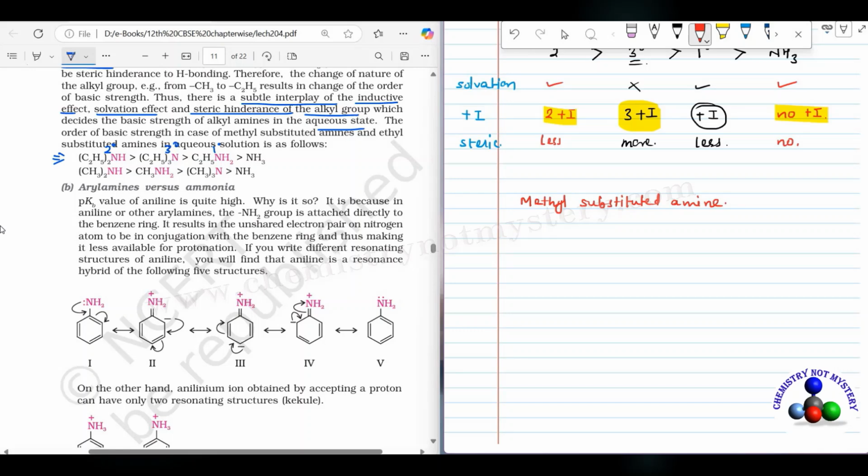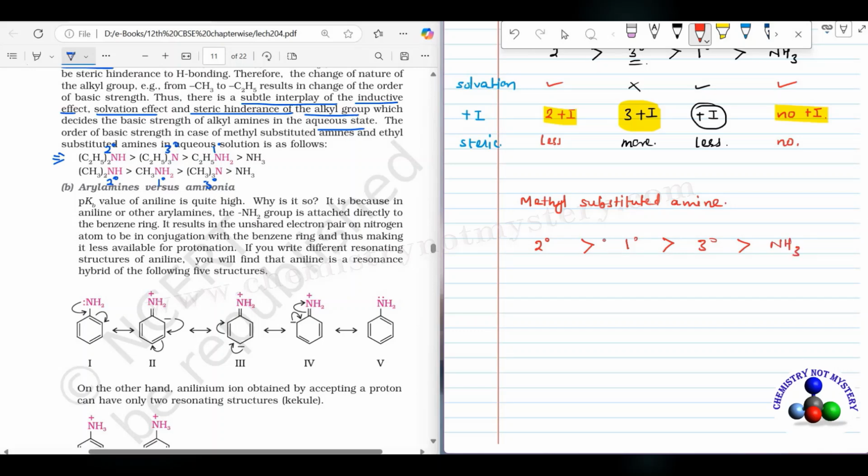In methyl substituted amine, first one, here again two alkyl groups are bonded to nitrogen, so this is a secondary amine. Here there is one alkyl group bonded to nitrogen, so this is a primary amine. And here there are three alkyl groups bonded to nitrogen, so it is a tertiary amine, and this is ammonia. So let's note down the order of basic strength. Secondary amine is most basic, then primary, then tertiary, and then ammonia.